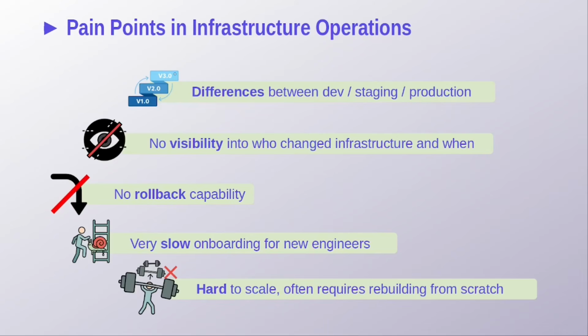Infrastructure becomes code. Code follows software rules. That means version control, code review, automation, CI/CD pipeline. Infrastructure as code turns infrastructure into a first-class citizen of the software development life cycle.